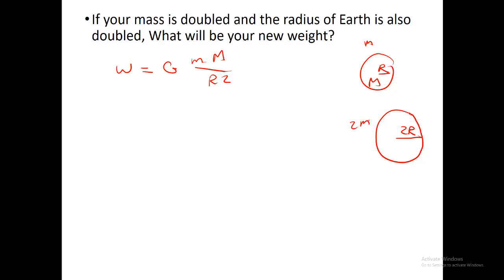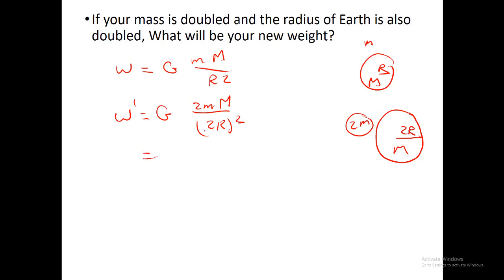Imagine, just imagine. طبعا الماس مش هتتغير ولا حاجة, بس يعني في المسألة بنقول اعتبري, افترض يعني ان هي 2m. So your new weight, let us call it W dash, something different than W يعني, will be equal to G, the mass of the object now, مش هحط بقى m يا شباب، هحط new mass. It's 2m. The mass of the planet is the same. ما قالش حاجة حصلت، هو ما قالش في المسألة إن الماس اتغيرت of the planet. It's the same. So it will be m capital and the radius squared. مش هحط r square يا شباب، هحط new radius. So the new radius is 2r. So it should be in this case 2r the whole squared.